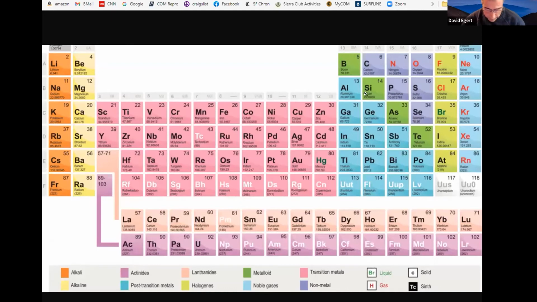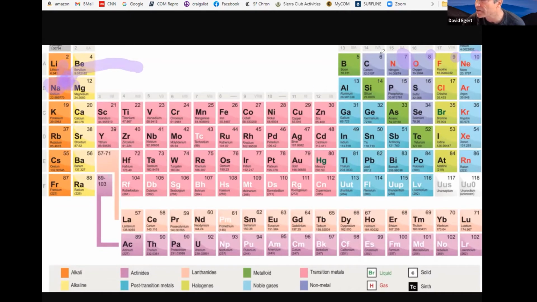So, here is the classic periodic table of the elements. It is important that you understand the basics of this. The little number up in the corner here is the atomic number. This is saying that no matter what else is true about some atom, if it has 11 protons, it is a sodium.